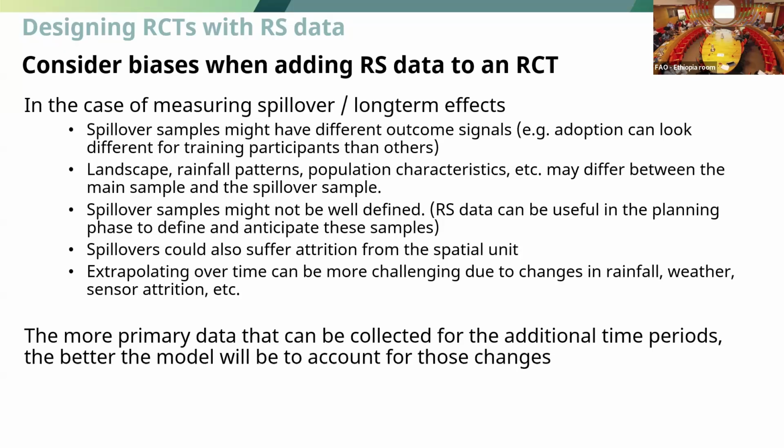Your trained model isn't going to see things the same way. And same thing with spatial spillovers, but also long range effects. Things can change over time, sensors change over time. There's a lot of reasons your model is going to change over time.